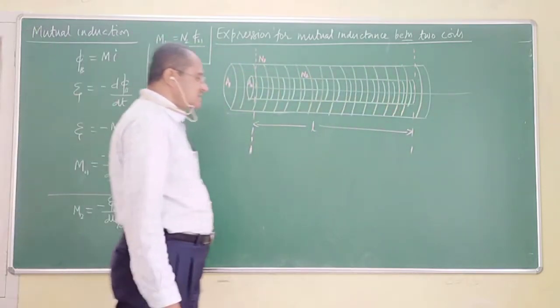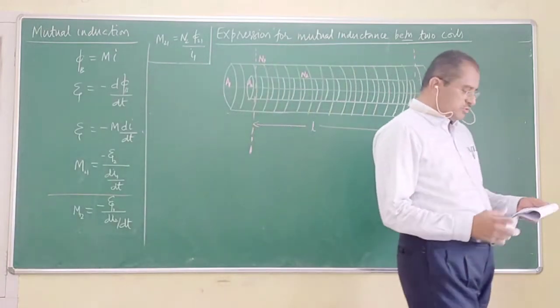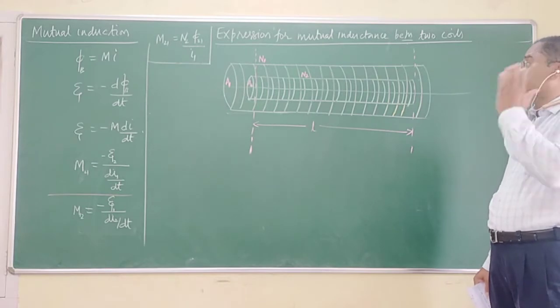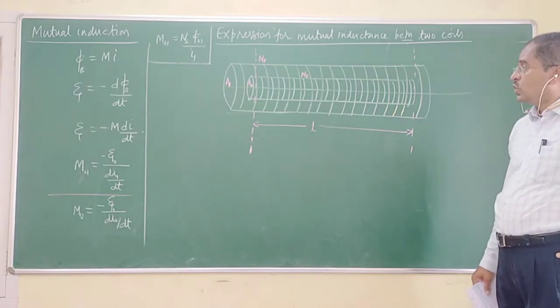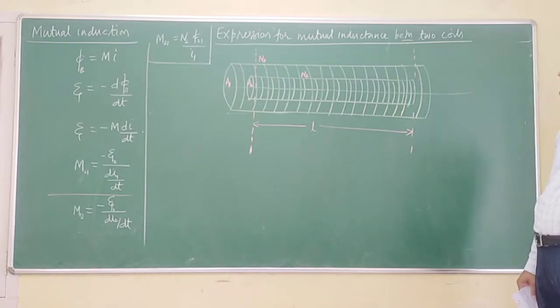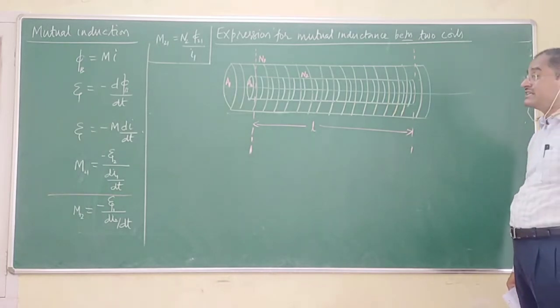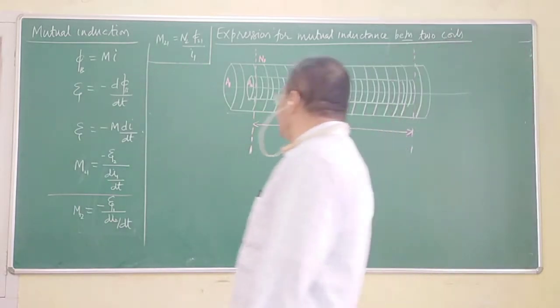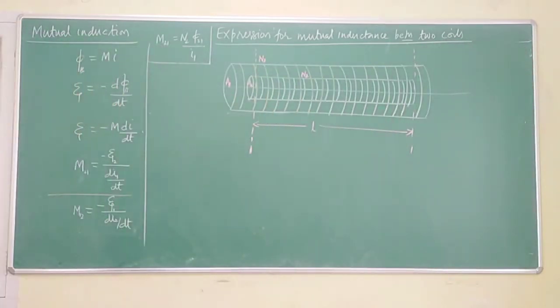What does the diagram tell us? We are considering two solenoids coaxial with one another. Number of turns in the outer solenoid, capital N1, total number of turns. Total number of turns in the inner solenoid, N2.